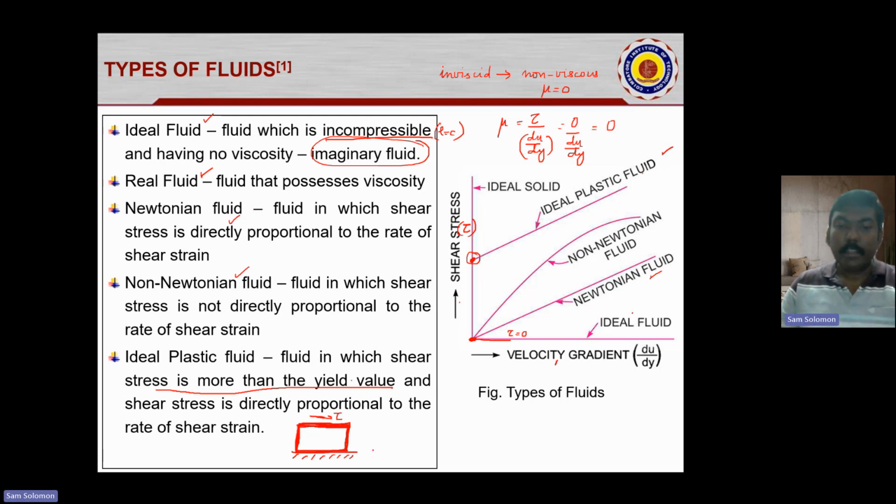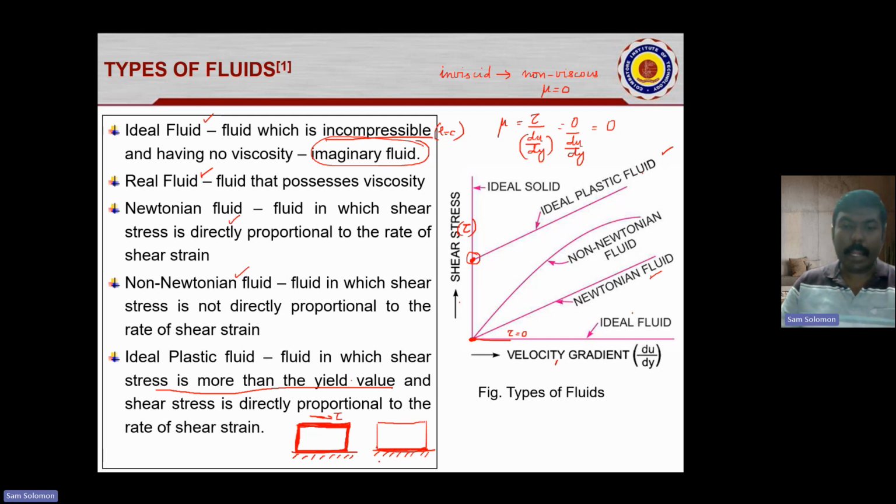So what will happen? When a shear stress is applied, this surface is not going to change because it is lying on the floor, but it is no longer going to be a straight line. Initially, it was in this particular position, isn't it? That is how the rectangle was.